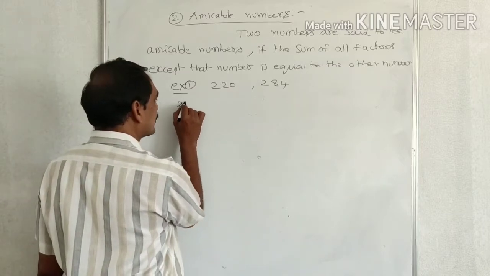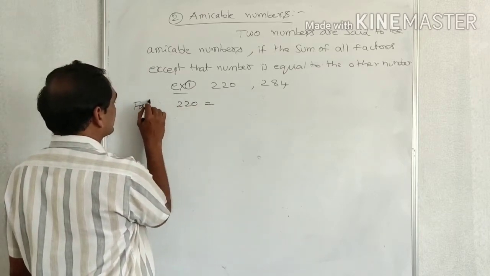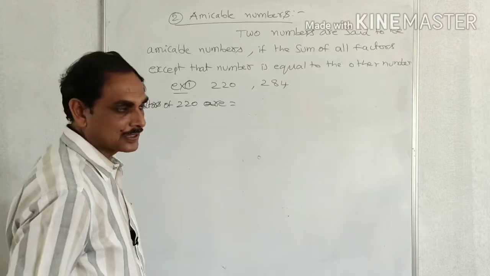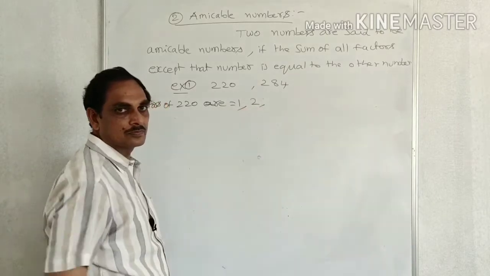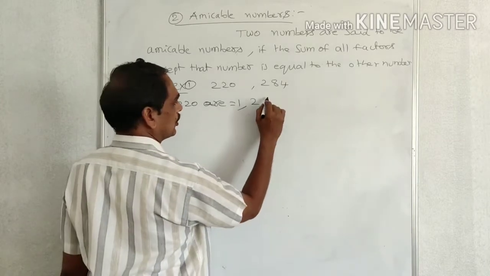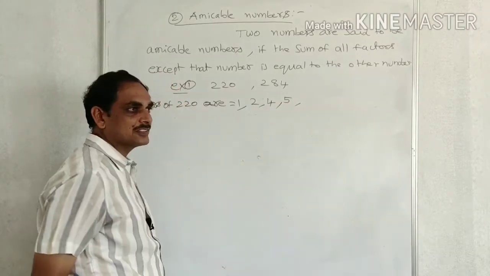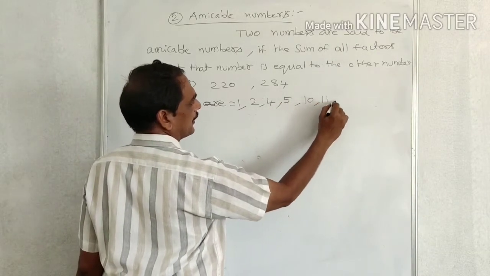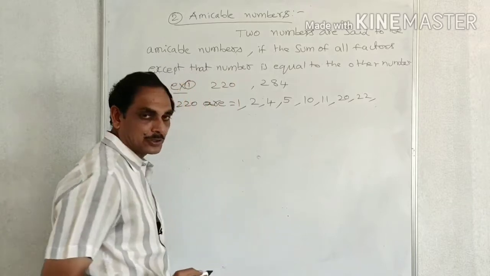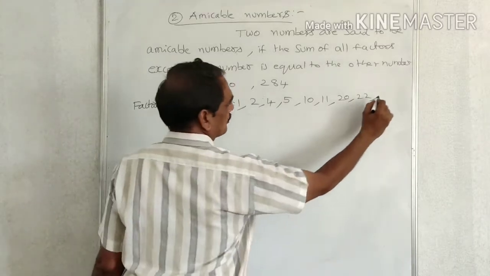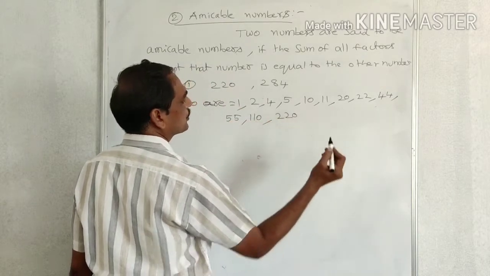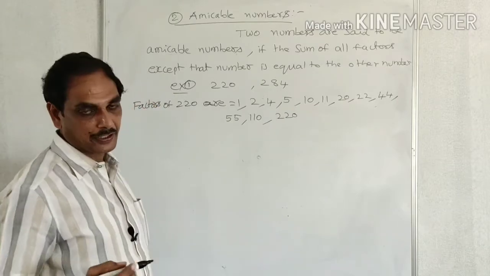The factors of 220 are 1, 2, 4 (3 is not a factor of 220), 5, 10, 11, 20, 22, 44, 55, 110 and finally 220. These are the factors of 220.